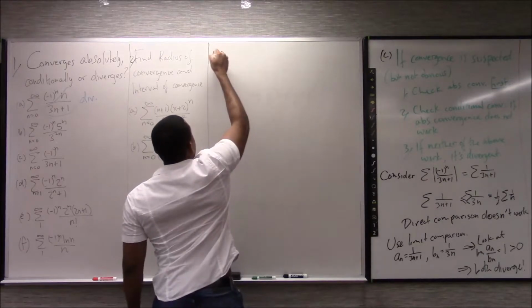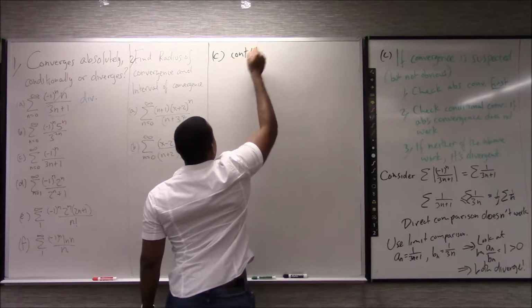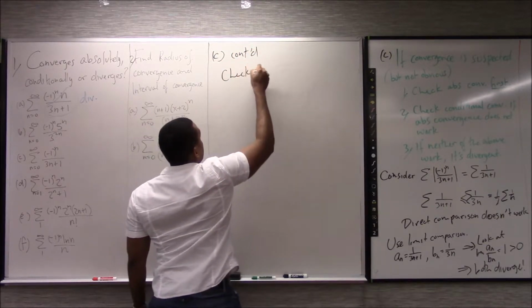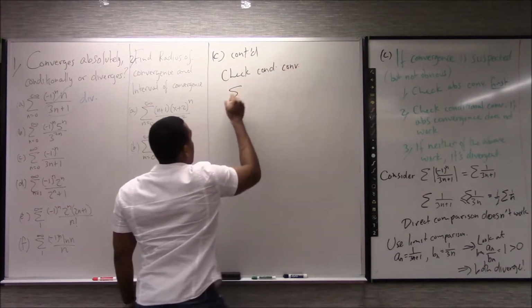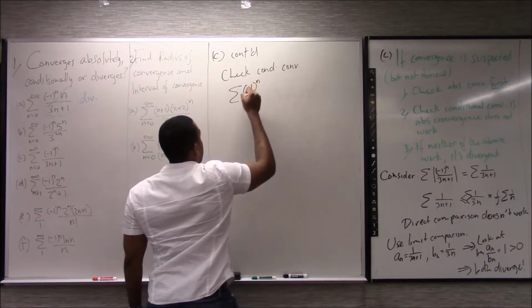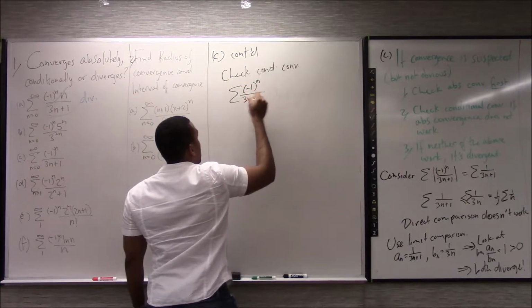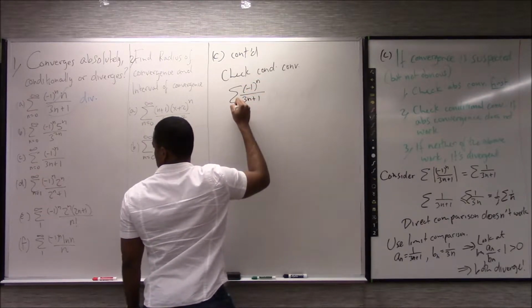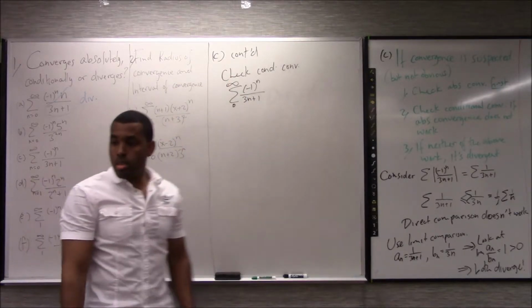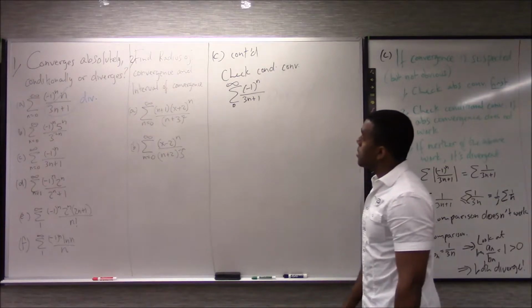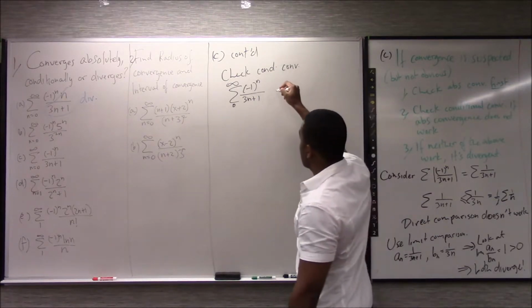So now we're going to check conditional convergence. We're looking at the original series, put back the negative signs, and what can we say? That it's decreasing and the limit equals 0.